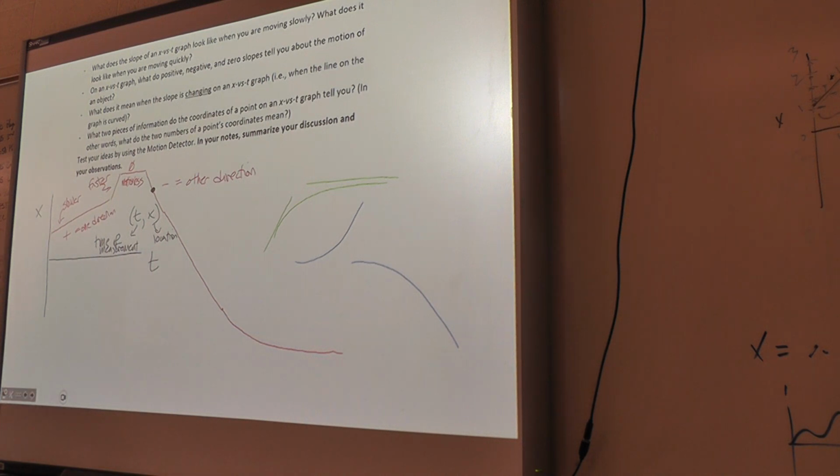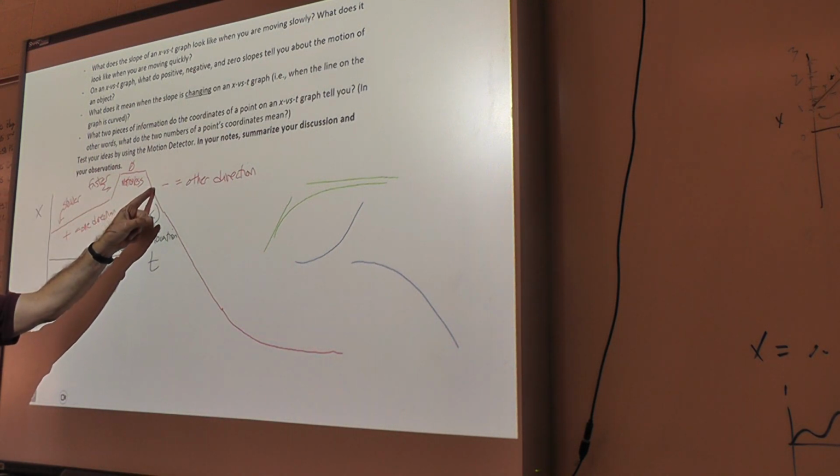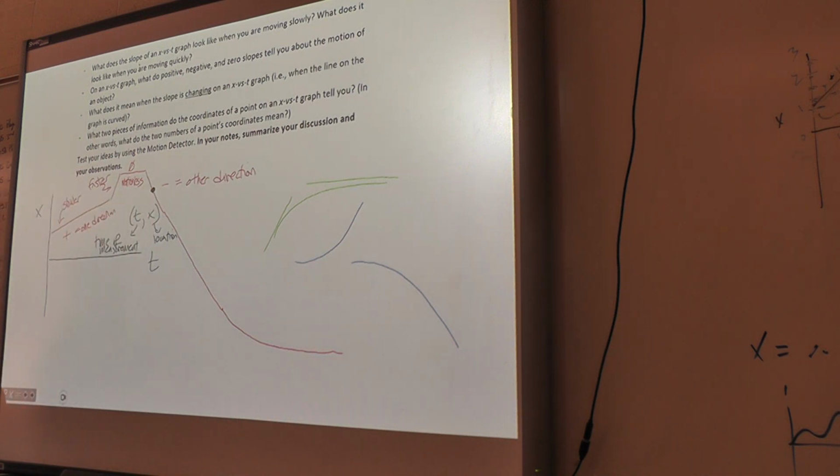It might have been this motion sensor, but it also might have been us out on the track, or a car driving down the road, or anything that was moving. At some time, it had this position. That information can be useful. Like you might need to know, in this class or in life in general, where something was at a certain time. And that's what this information will give you.